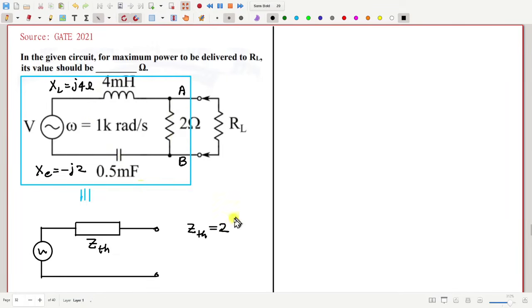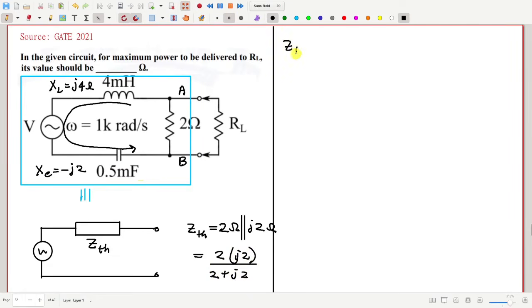One is 2 ohm, and how much is this path? j2, together in parallel, in ohm. So how much is this? 2 into j2 divided by 2 plus j2.